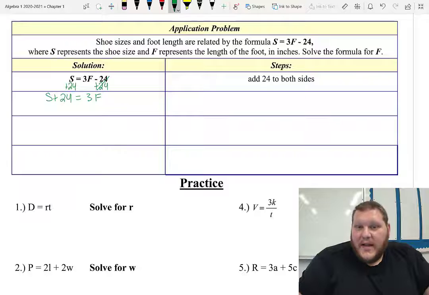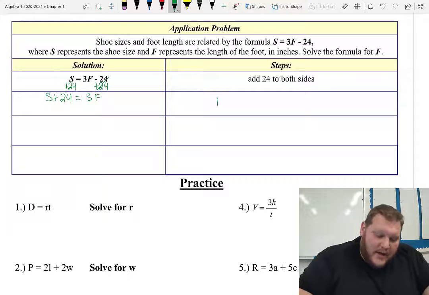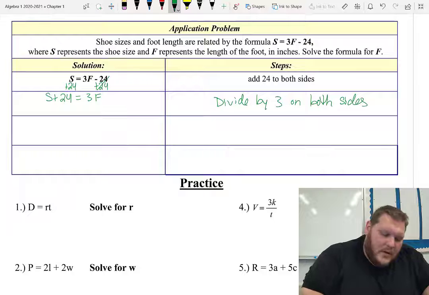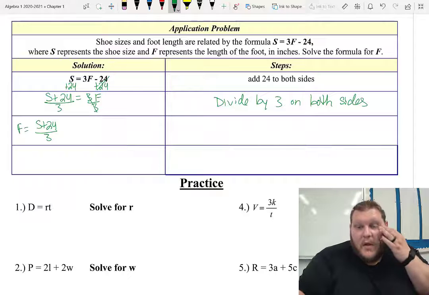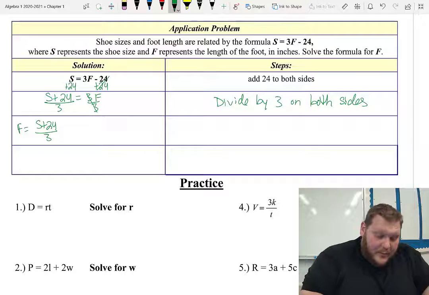Next, if we're trying to get F by itself, we're going to divide by 3 on both sides. So all the way across, that's going to give me F equals S plus 24 all over 3. And you can leave it like that. That's perfectly acceptable, and in most cases, I would say don't even bother with what I'm going to do next.